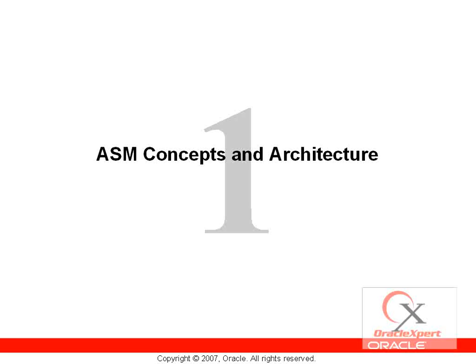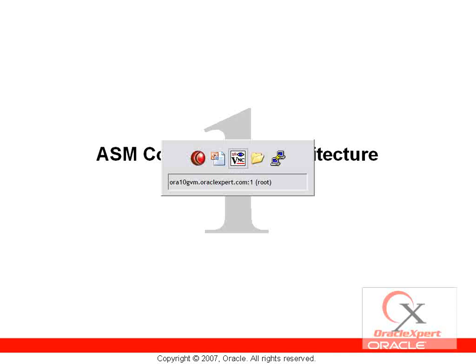But before we actually go on to ASM as a concept, we need to understand certain prerequisites about our real life requirement and certain understanding as to how people use storages in real life.